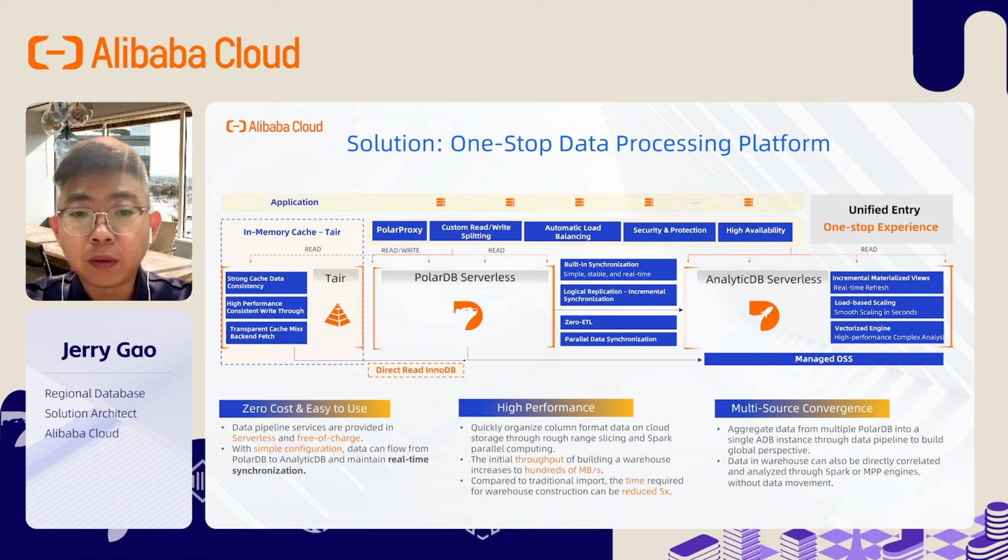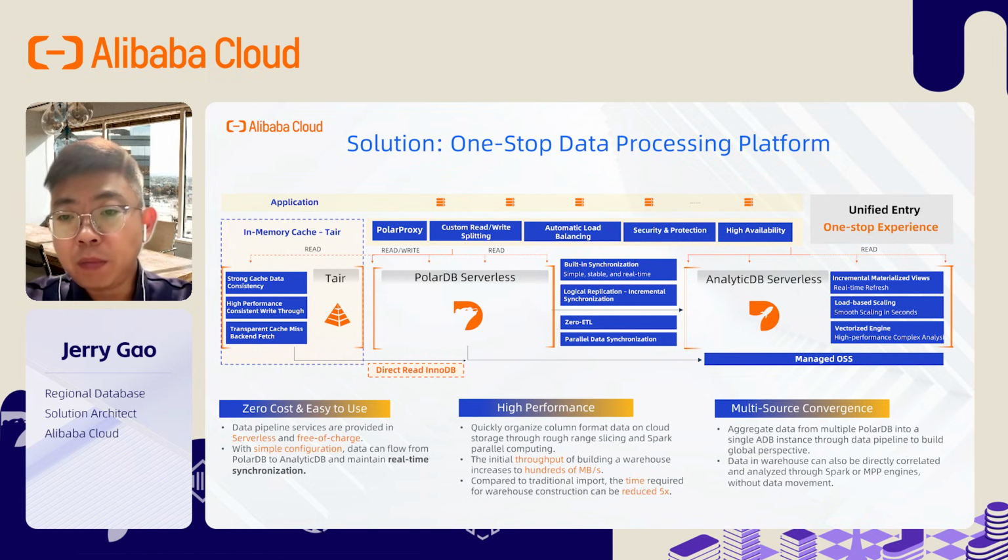As you can see here, Tair is used for in-memory access acceleration. And we know PolarDB is a transactional database. PolarDB serverless is used for automatic scaling for the transactional workload. And for the data analysis part, AnalyticDB is being used to provide a unified data lakehouse.